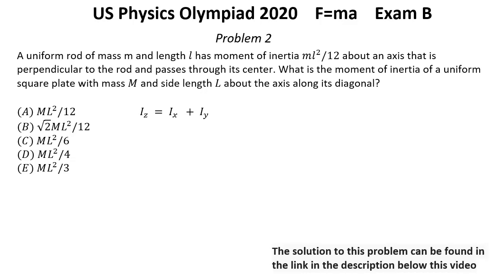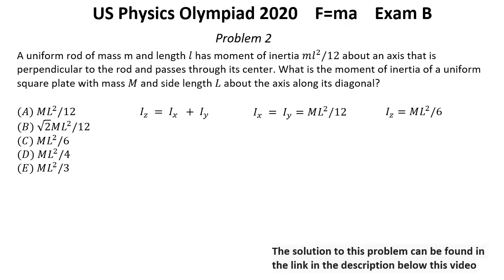If the x and y axes are oriented parallel to the square's sides, then the moments of inertia Ix and Iy are both those of the uniform rod of mass m and length L. So we have Ix equals Iy equals mL squared over 12. This implies Iz equals mL squared over 6.